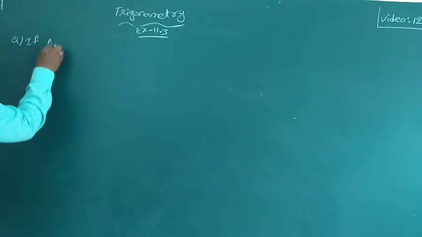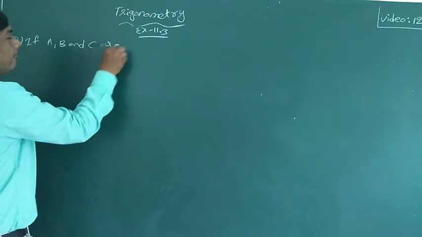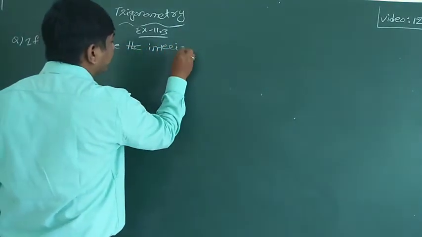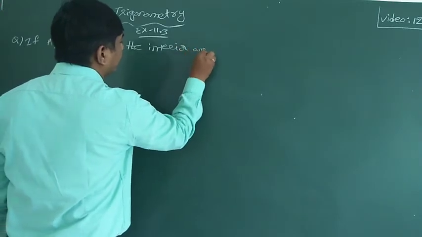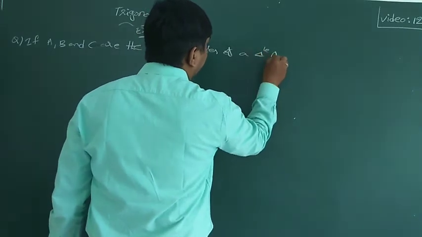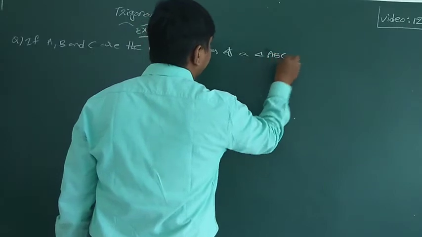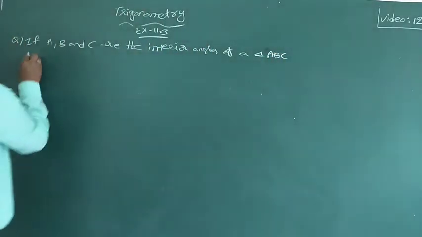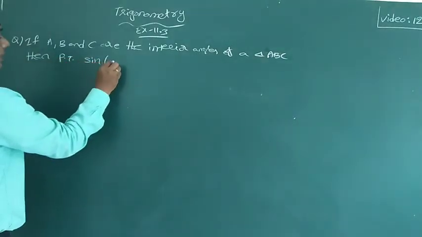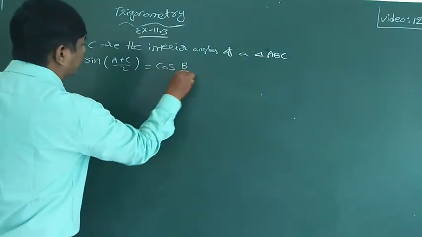Okay. If A, B and C are the interior angles of a triangle ABC, then prove that sin of A plus C by 2 is equal to cos B by 2.